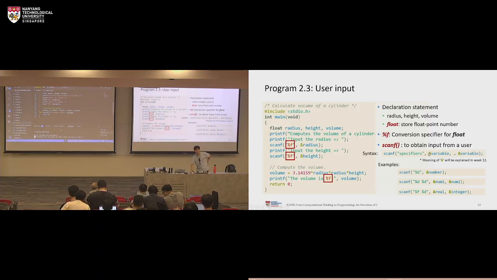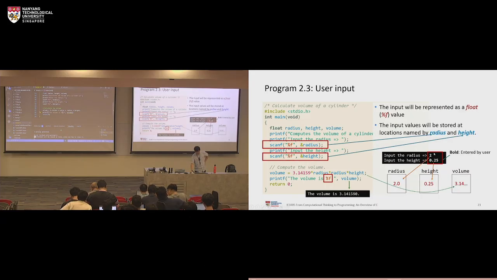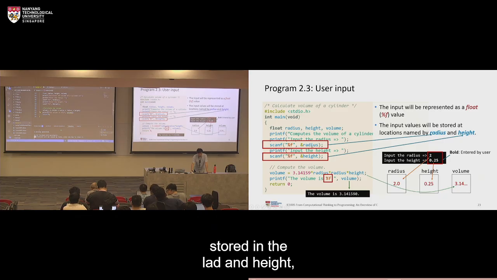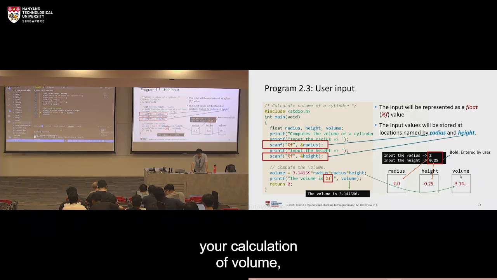So don't miss it. I'm going to explain why in the last week of the lecture. Once you use scanf, the user input will be stored in radius and height, in these memory cells. And after your calculation of volume, this value will be stored in here.